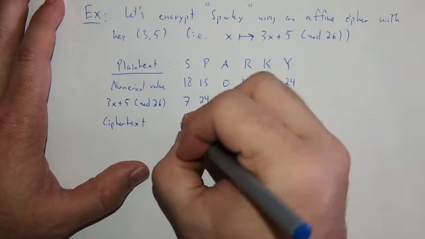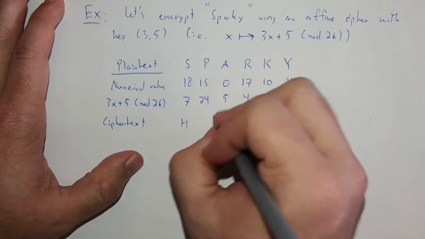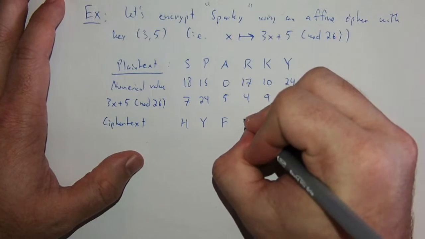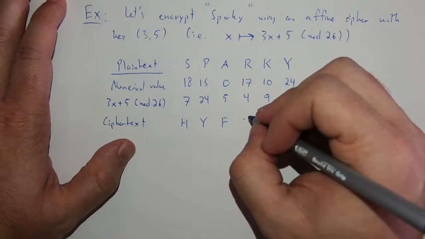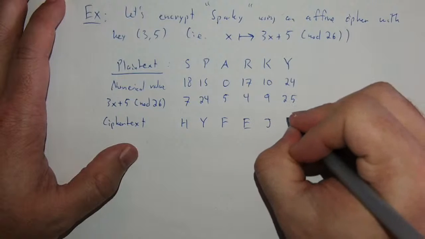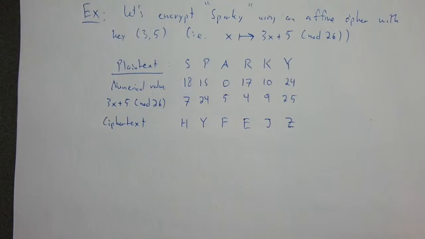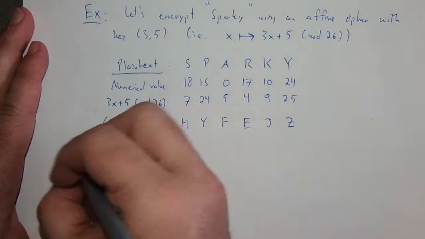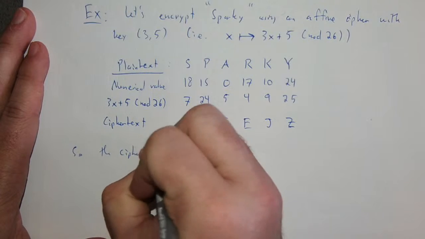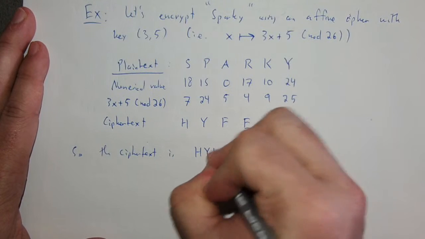So letter 7 is H, letter 24 is Y, letter 5 is F, letter 4 is E, and letter 9 is J, and letter 25 is Z. Okay, so our ciphertext is HYFEJZ.